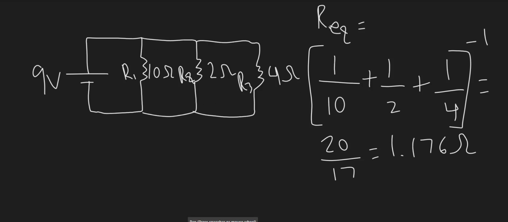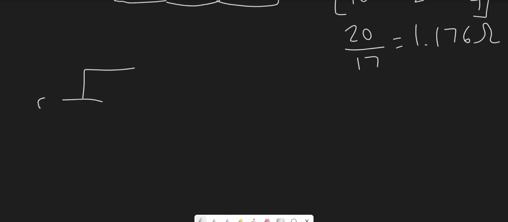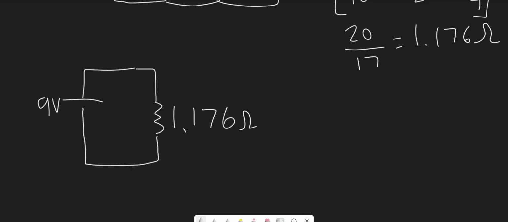So once again, we're going to redraw this entire complex circuit in a more simple fashion. We have the 9-volt battery here, and our equivalent resistance, which we found to be 1.176 ohms, and let's just close off the circuit, give it the negative terminal, and now once again let's use Ohm's law. So it's going to be V equals I times the equivalent resistance, which is Req. So 9 volts is our voltage, and we're looking for the current.